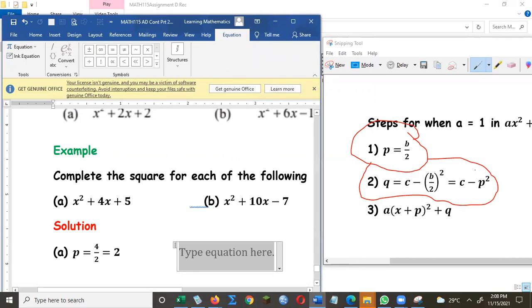Your 2 squared is partly correct, but you missed out the C minus. Right, Q is equal to 5 minus, because C is 5. So it's 5 minus 2 squared.